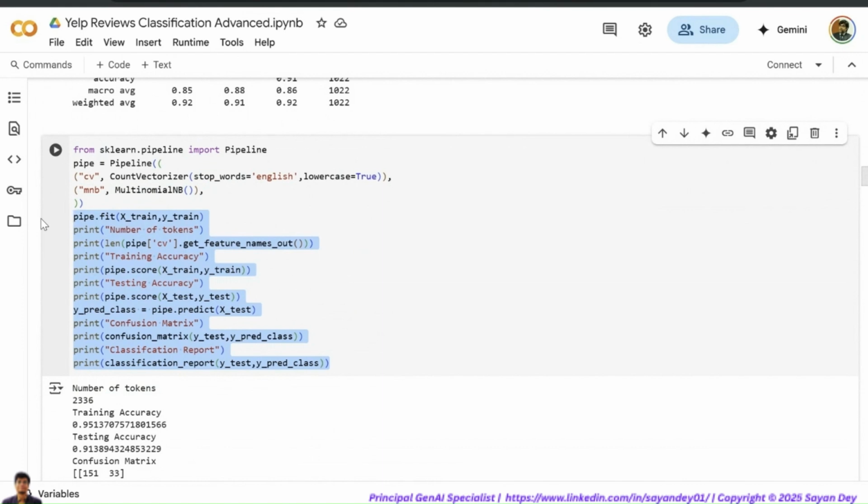Because remember, machines will only look at your data in the form of an array. That's all that machines care about. And once you have your data in the array format, or the DTM or document term matrix format, that's all that is needed.